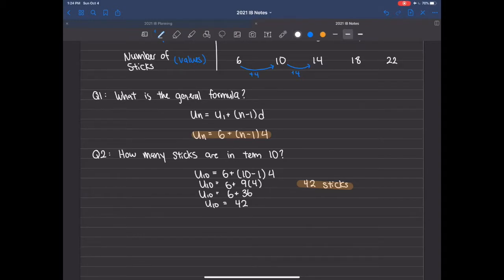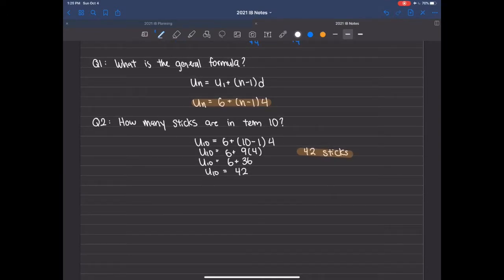So far all of that was review. The new question that we can ask, though, if we're going to study arithmetic series, is how many sticks would it take to build the first 10 terms?